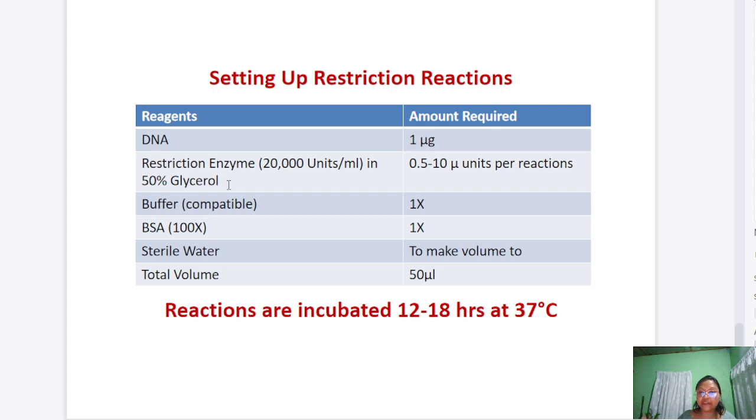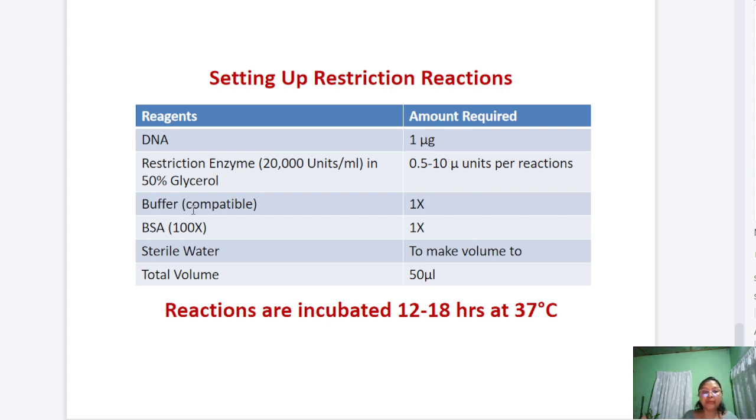This, of course, comes synthesized by every company. Different companies have their own buffers, and the calculation and the unit, how we order, will also matter. So for the restriction enzyme, we will require 0.5 to 10 units per reaction, and the volume we add can be 0.5 to 1 microliter.